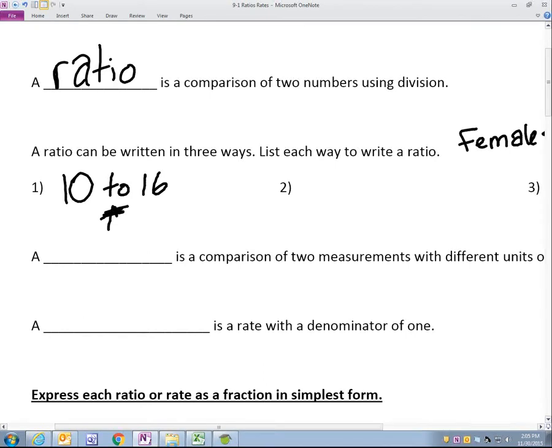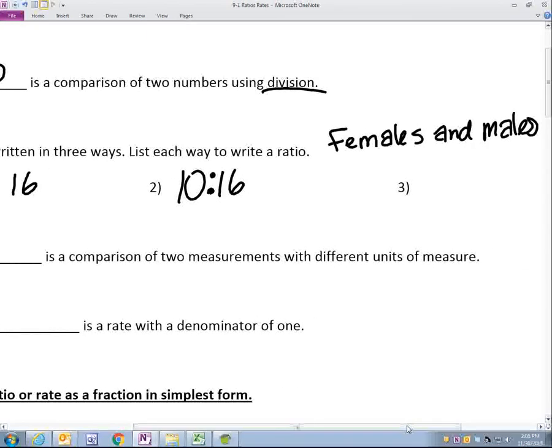Then there's also that same information with a colon. And then there's also one other thing that's hinted right here. What is it? 10 over 16, correct, in fraction form.